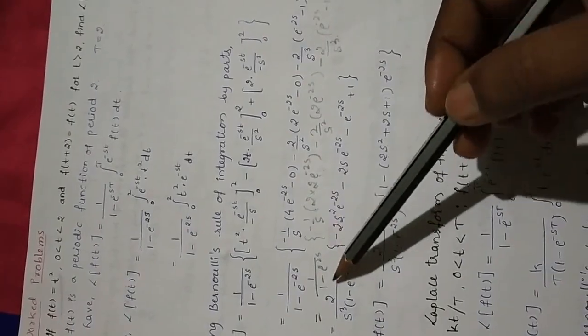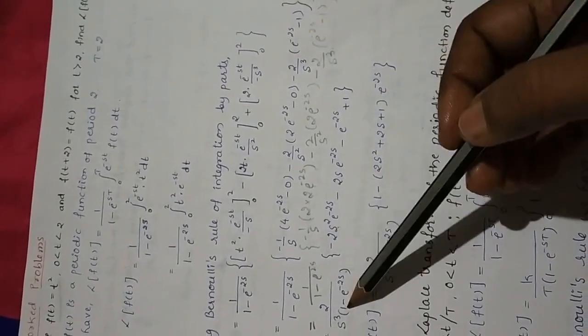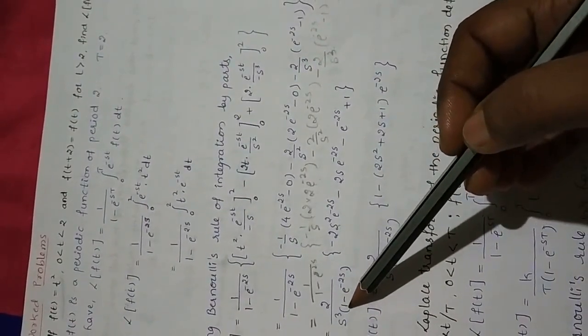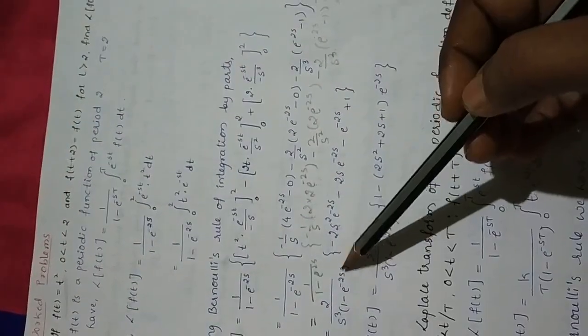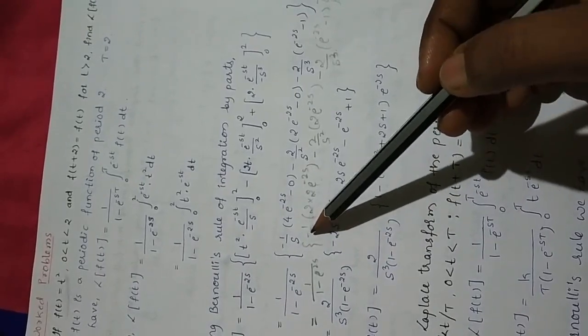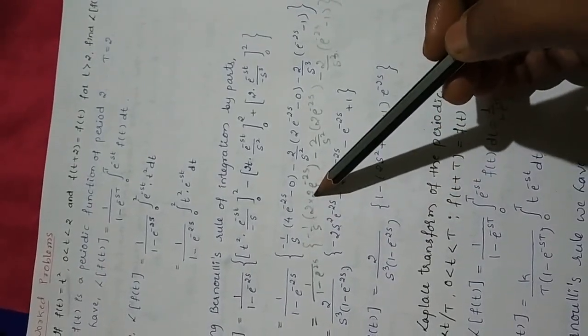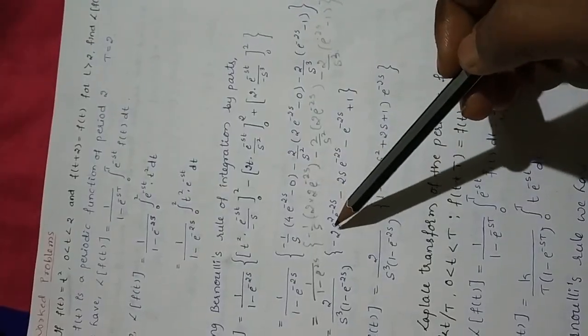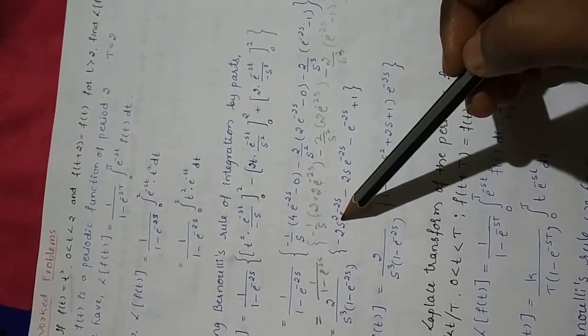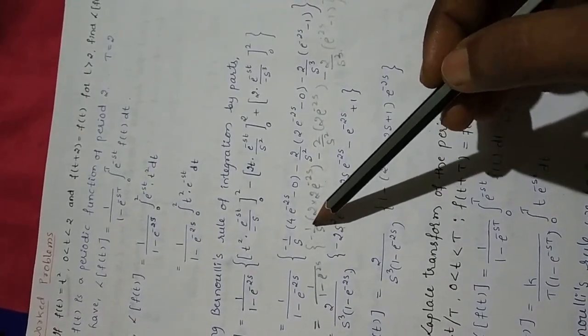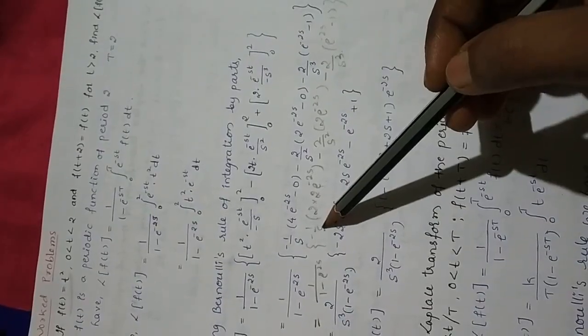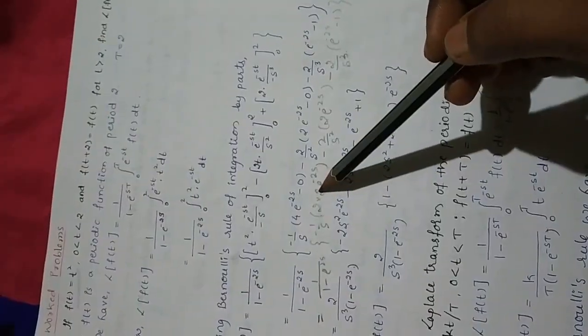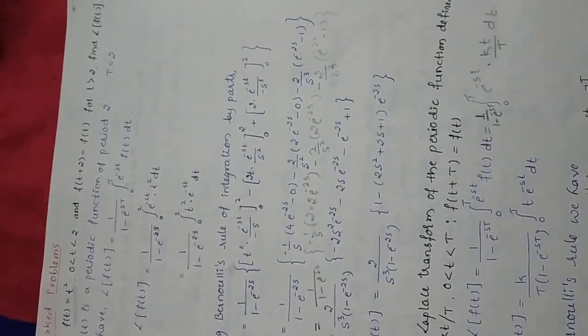Next, taking 2 by s cube from these bracket terms, that is 2 by s cube into bracket 1 minus e raised to minus 2s. Inside the bracket we are left with minus 2 s square e raised to minus 2s, because in the denominator we have s but we have taken s cube, so I have multiplied s square to the numerator of the first term.